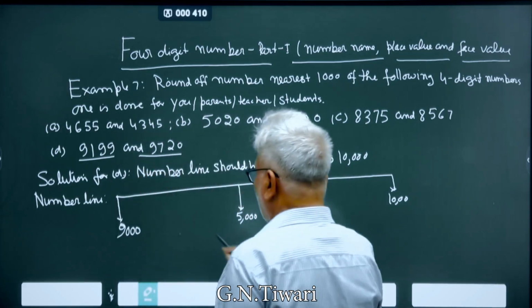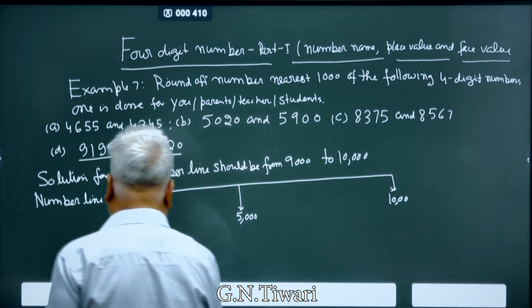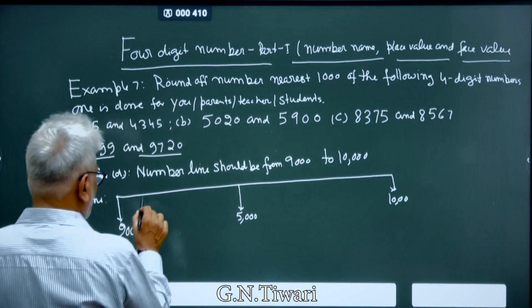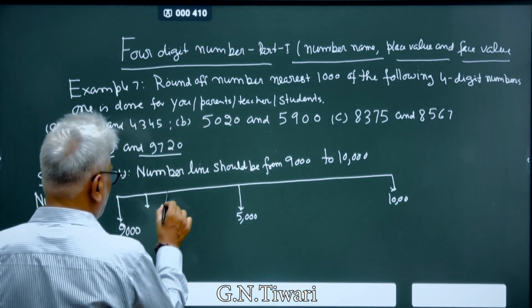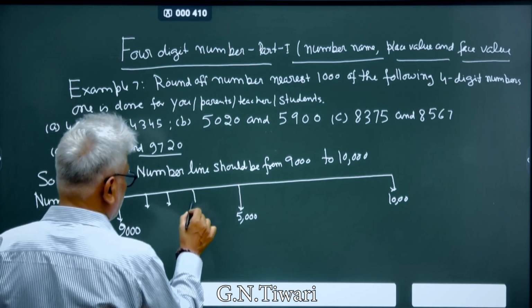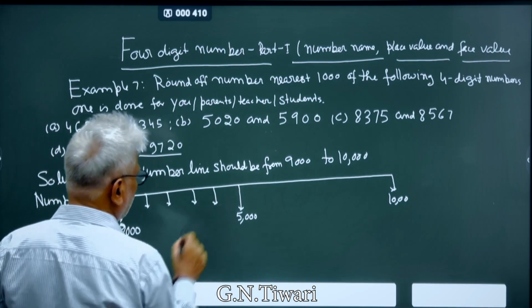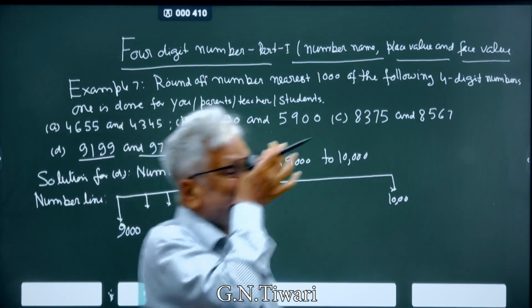अब देखिए, अब इसके बाद देखिए 9,000, 100, 200, 3,000, 4,000. By mistake I have said 100, but it is 1,000.